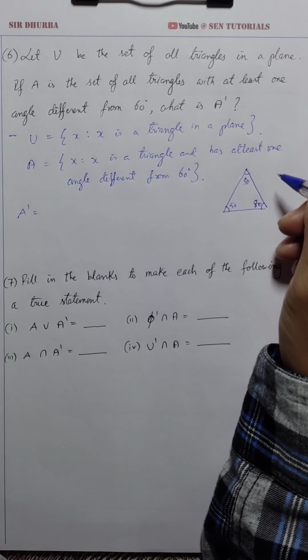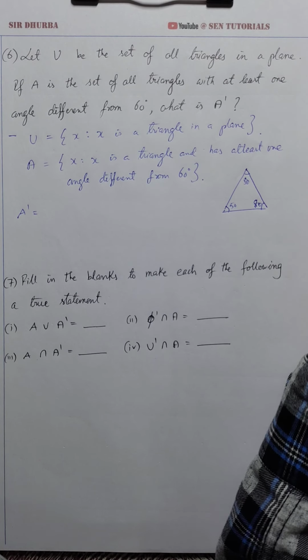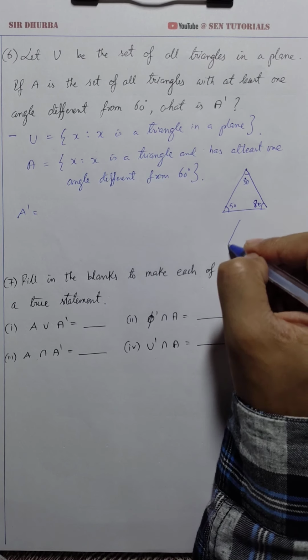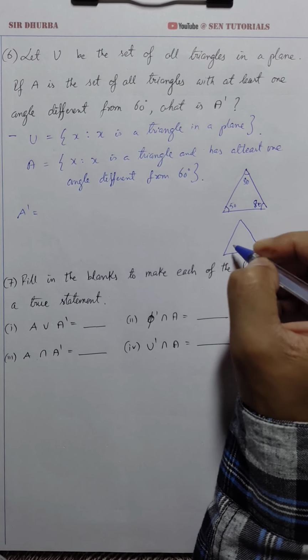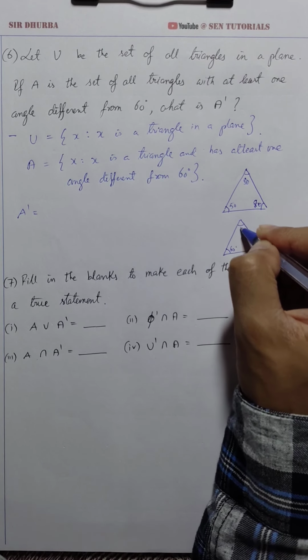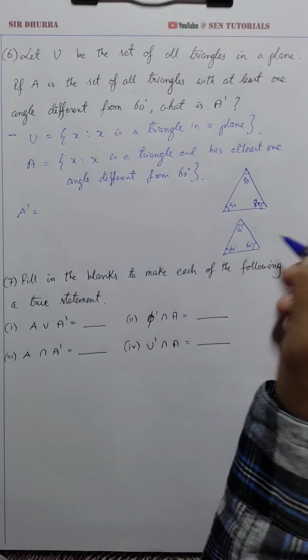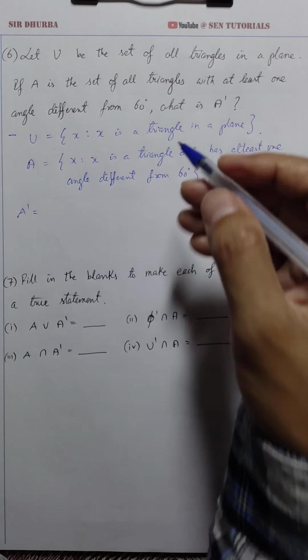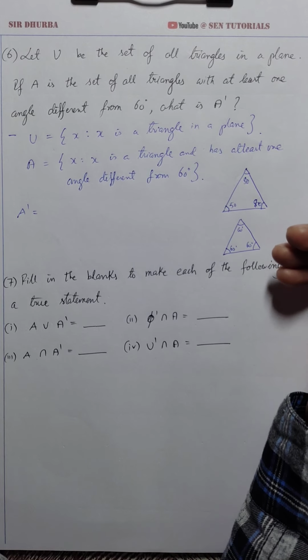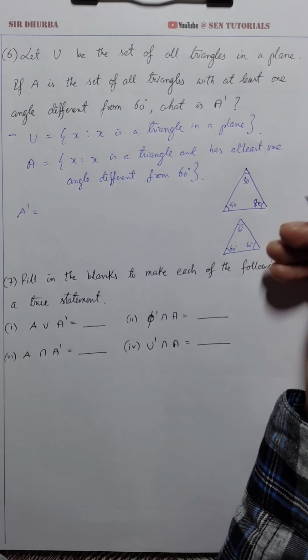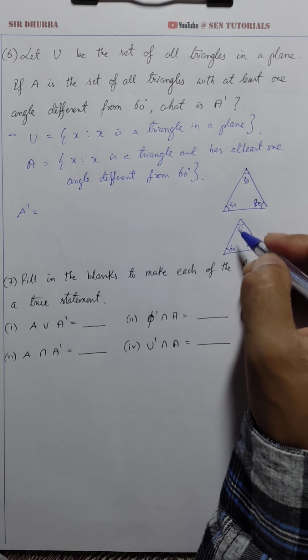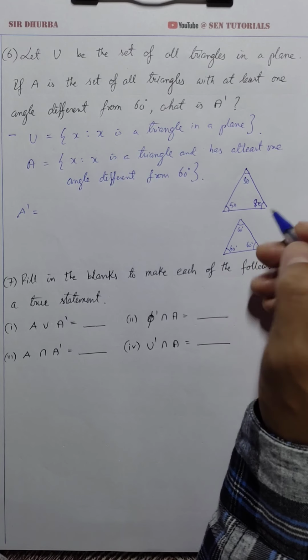So A complement, if we think carefully, the only complement of A can be that all are 60 degree, isn't it? That's the only complement for A, because A says at least one should be different from 60. It can be 2 also, can be all the 3 also.